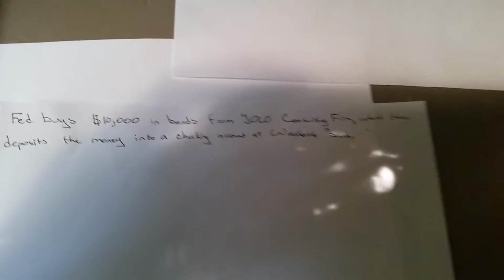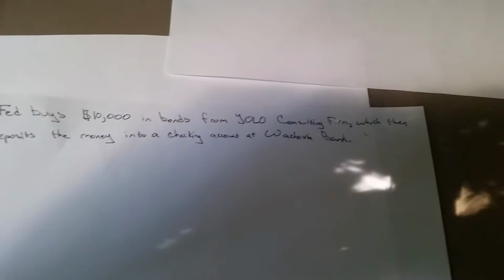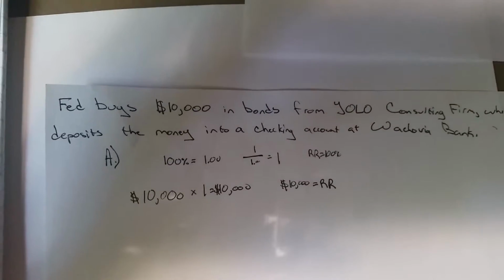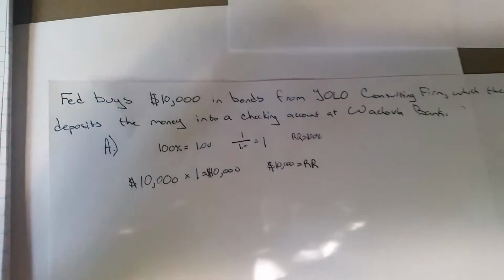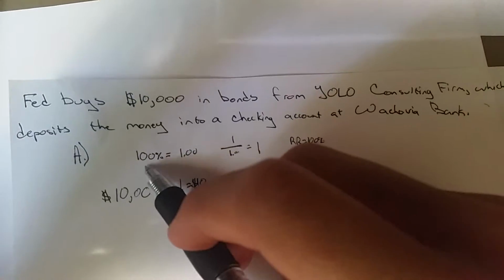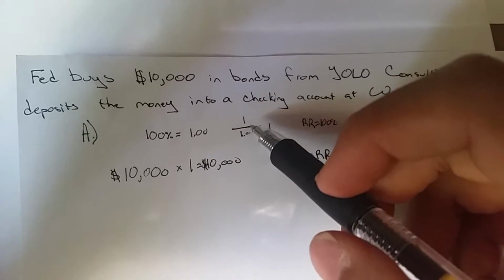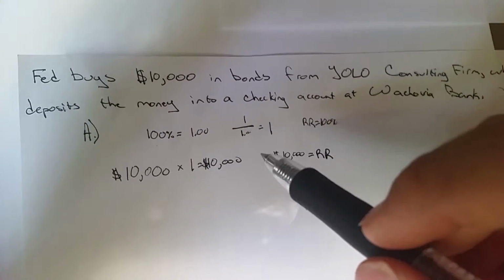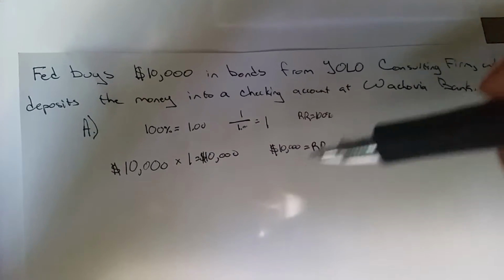What would happen to the money supply if the reserve requirement ratio was 100%? The ratio 100% would be equal to 1. And the money multiplier, which is 1 divided by the reserve requirement ratio, would also be 1.